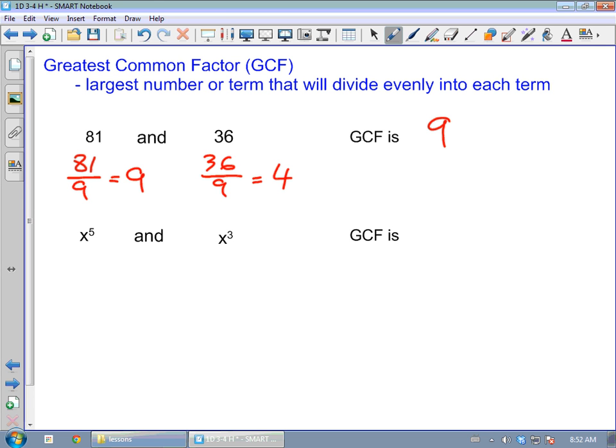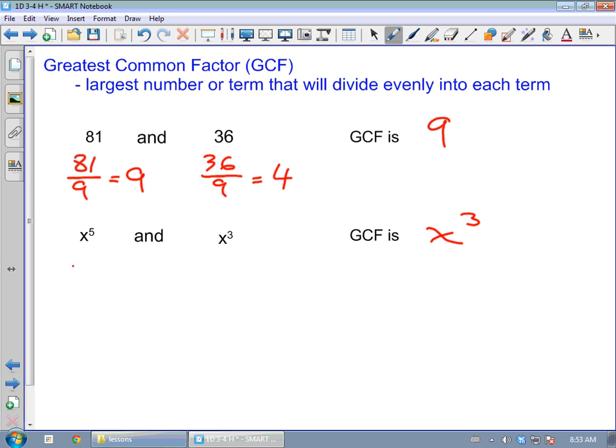Now, if I've got something like x to the power of 5 and x to the power of 3, I'm looking for something that divides evenly into both of those. In this case, it's going to be something that has x in it. So what can I divide x to the power of 5 by, or x to the power of 3 by? Well, the greatest common factor is going to be x cubed.